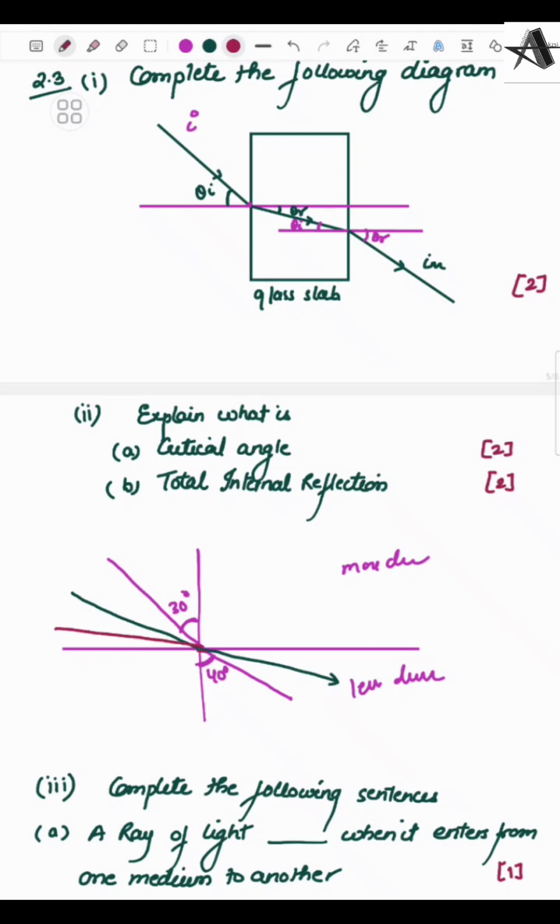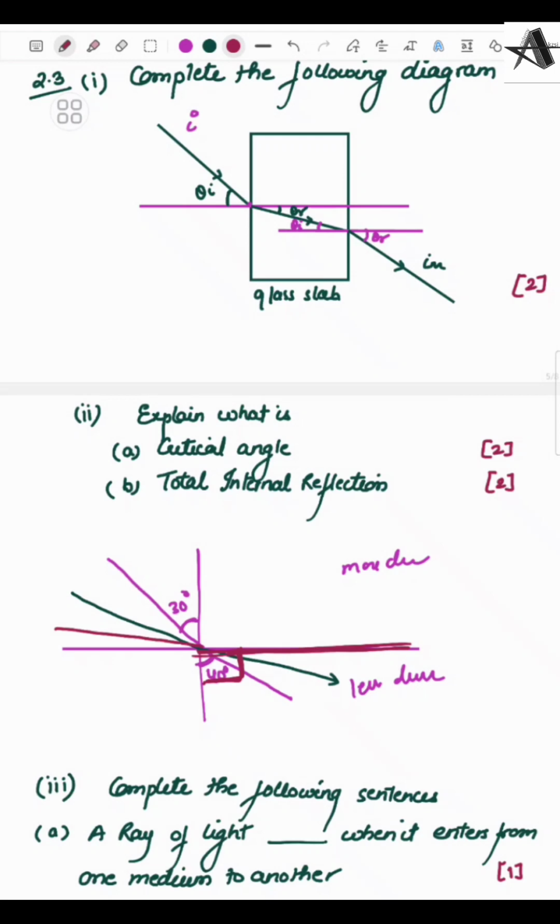Then maybe the situation arises that this moves so much away from the normal that now the angle is 90 degrees. Definitely if you are making 30, it becomes 40. If you are increasing, it goes to 50, 60, 70, 80. So 90 is definitely possible. So the angle of incidence at which the angle of refraction is 90 degrees, that is your critical angle. So this angle is the critical angle.